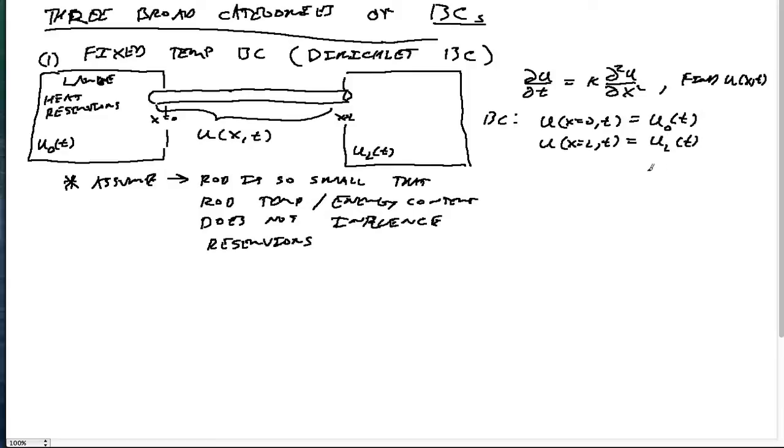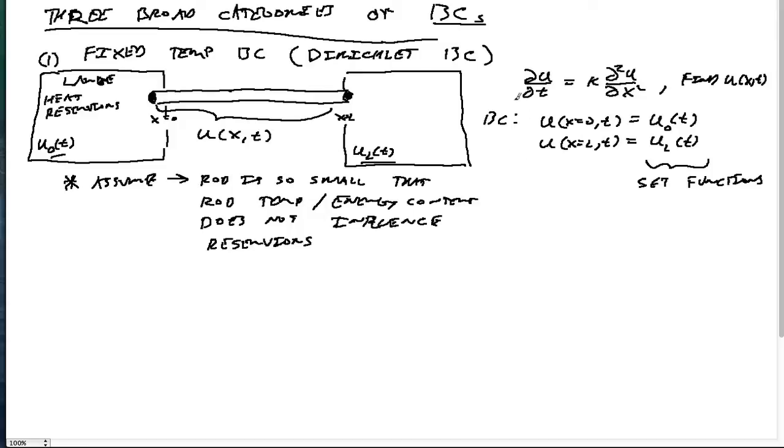And the idea here is that these are set functions. They set the temperature at the boundaries. Basically, no matter how hot this bar is or how cold it is, whatever temperature it is outside in these large heat reservoirs, it fixes the temperatures at each end to be U0 and UL. And they could be functions of time.